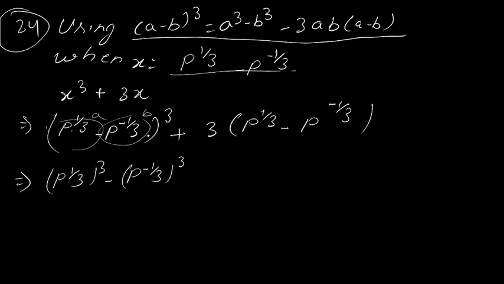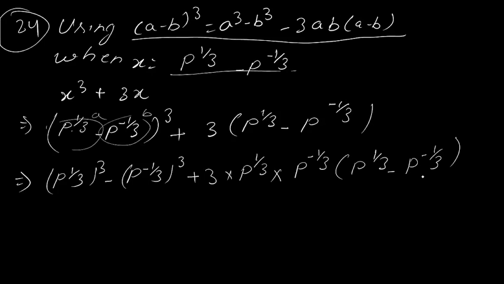So a minus b whole cube gives a cube minus b cube minus 3ab times (a minus b), that is p to the power 1/3 minus p to the power minus 1/3. This is the formula for only the first term, and the second term you have is plus 3 times p to the power 1/3 minus p to the power minus 1/3. This is still there, right?